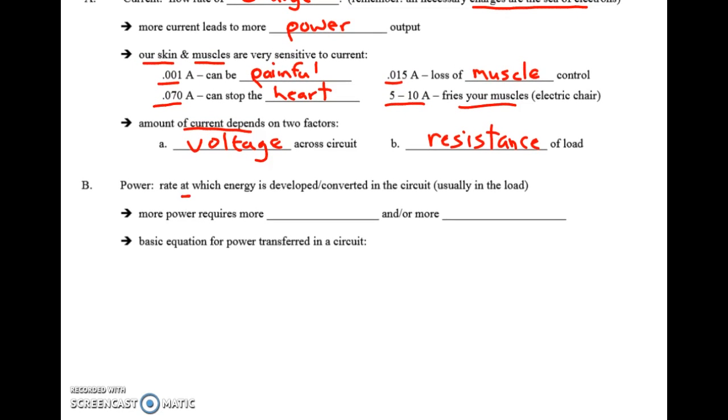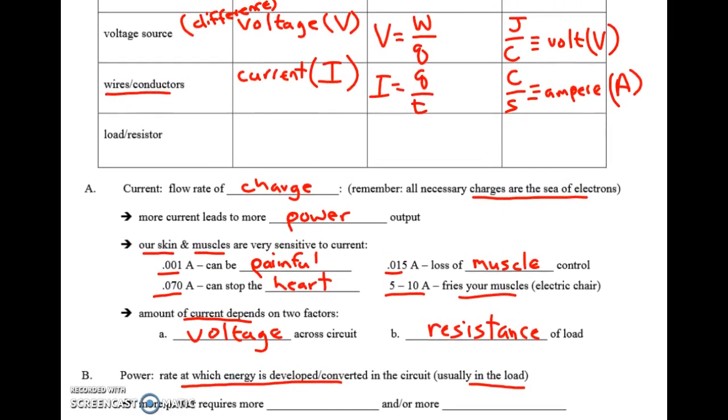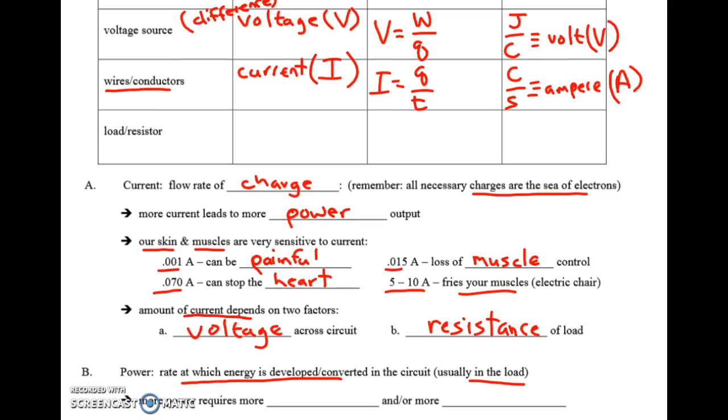The rate at which energy is developed in the circuit, usually in the load, right? The whole point of setting up a voltage source and having current flow is to deliver energy. So the load resistor, one of the things we can measure, and we'll come back to this later, is power. Of course, that's P. We already know that P is by definition energy per unit time, the rate at which we're converting energy.